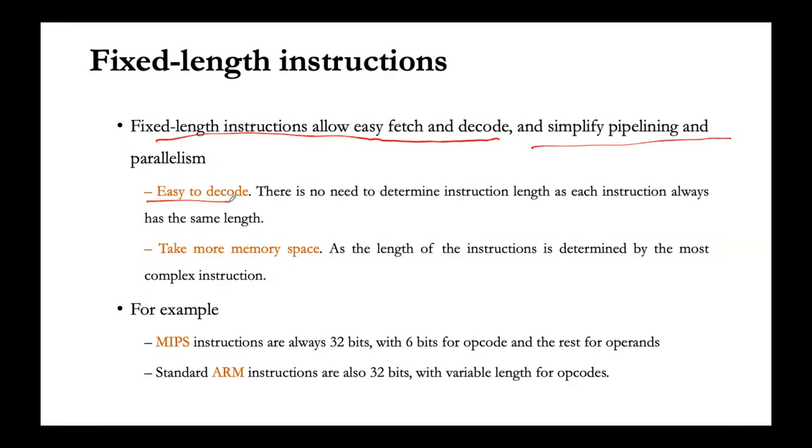Why are they easy to decode? The reason is there is no need to determine instruction length, as each instruction always has the same length. And fixed length instructions take more space. The reason is, if an instruction requires only 1 byte, the space reserved will still be 2 bytes for it, as the length of the instruction is determined by the most complex instructions.